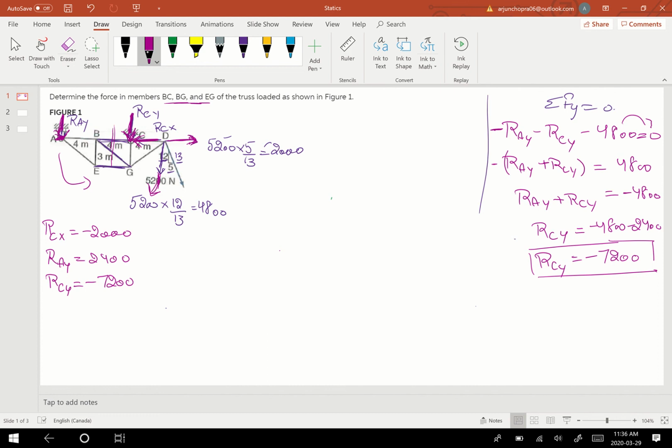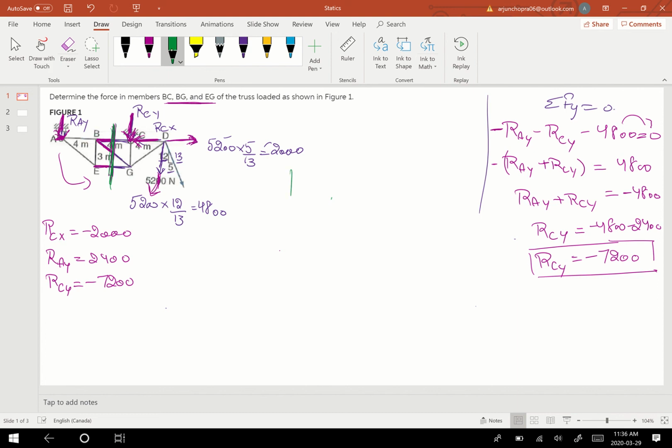If I cut it from here, I will cut all the members for which I want to find the forces. I want to find the forces in BC, BG, and EG. So if I cut it from here, I will be able to cut all the members for which I want to find the force. Now let's first of all draw the free body diagram.